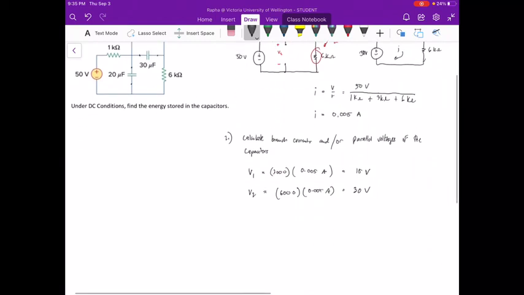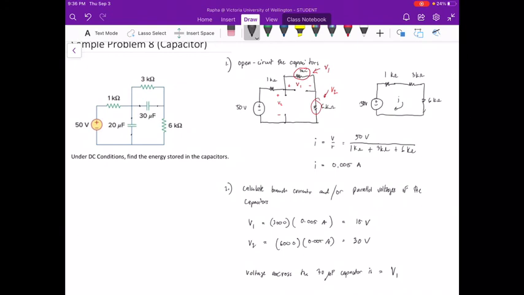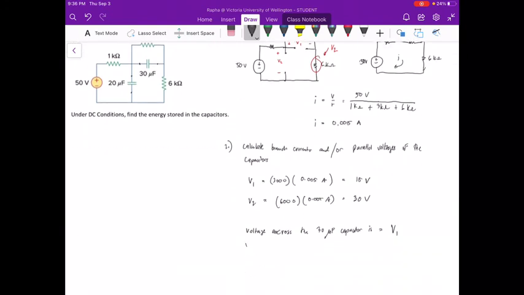Now that we have solved V2, let us make it clear that the voltage across the 30 microfarad capacitor is equal to V1, since you can clearly see that they are parallel. But the voltage across the 20 microfarad capacitor is equal to V1 plus V2.